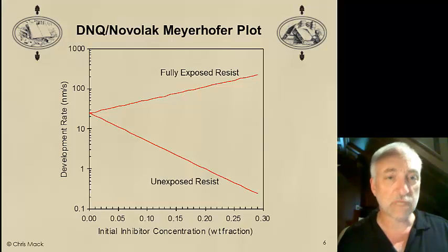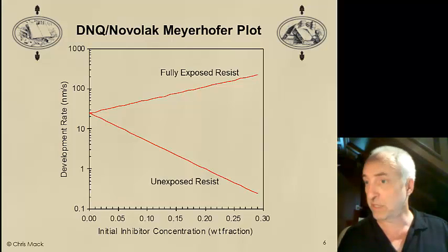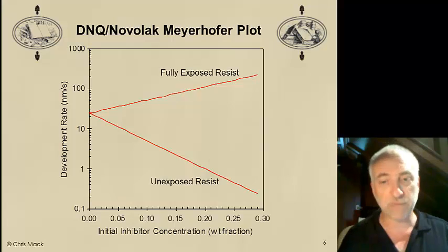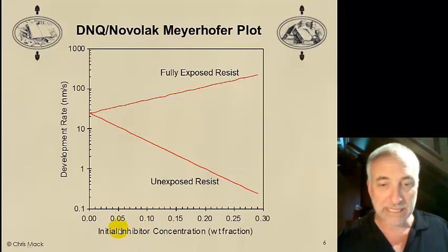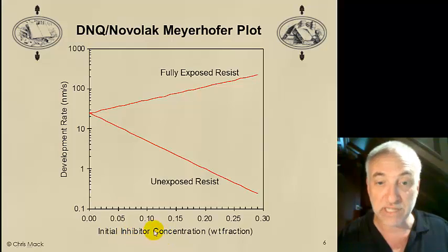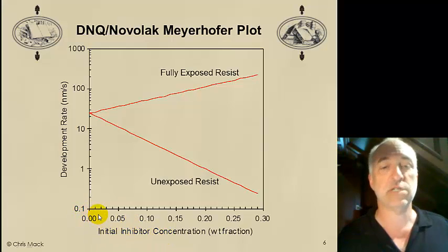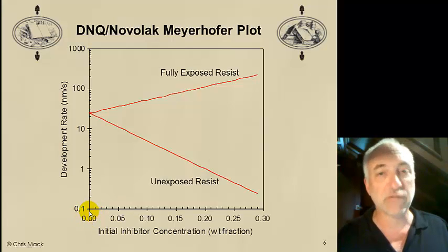Here I show the development rate, the dissolution rate of the resist material, as a function of how much DNQ sensitizer I've added. Here I call it the inhibitor concentration, but that's just another name for the sensitizer concentration in this context. When the inhibitor concentration is 0, I have pure Novolak resin.